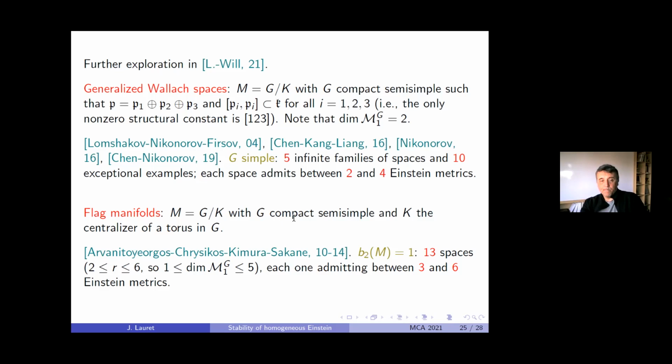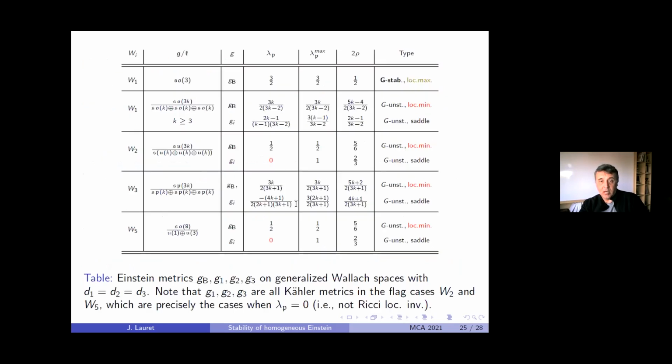But that determines the dimension of the manifold where we have our functional. Okay, so these are some tables that you can look at with more time in the video.